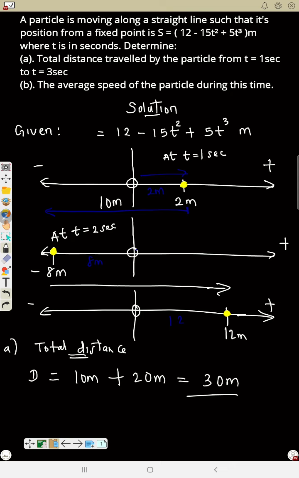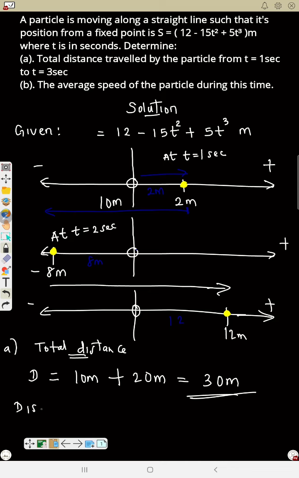But remember, in displacement we consider negative, because displacement is a vector quantity, distance is a scalar quantity. That is why instead of saying 2 minus 8 here, I'm saying 2 plus 8, because there is no negative distance.